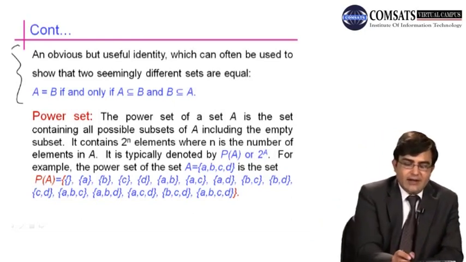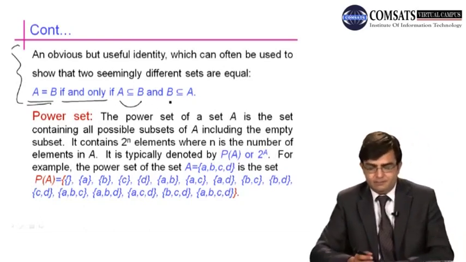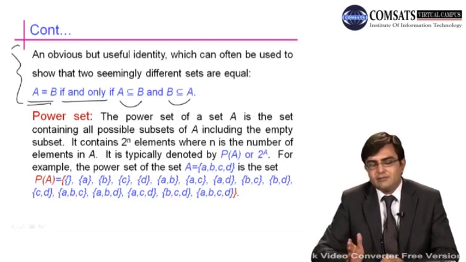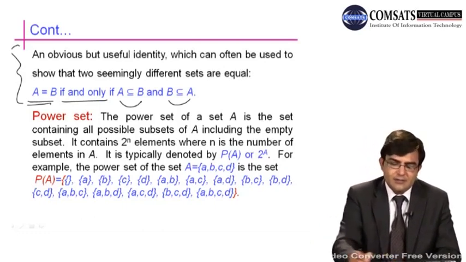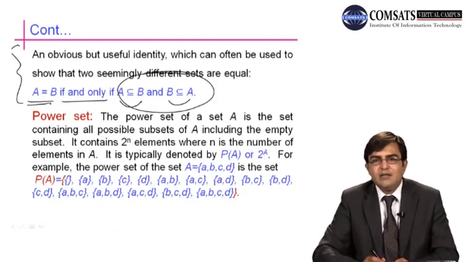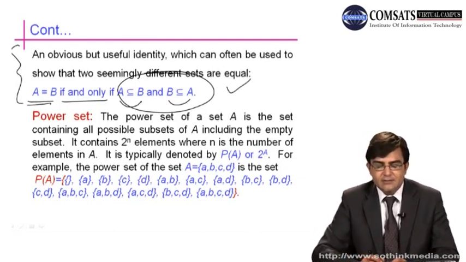Two sets are said to be equal, written as A equals B, if and only if A is a subset of B and B is a subset of A. So in order to prove two sets equal, we always prove that A is a subset of B and B is a subset of A. If we succeed in proving both, it means that both sets must be equal. So we'll use this identity often in the subsequent slides.